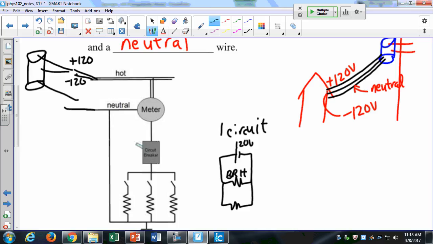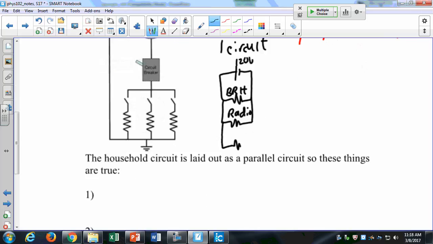Here you'd have, say, your radio, or your boom box, and then here you'd have your fan, whatever's on that circuit. But they're all laid out in parallel.